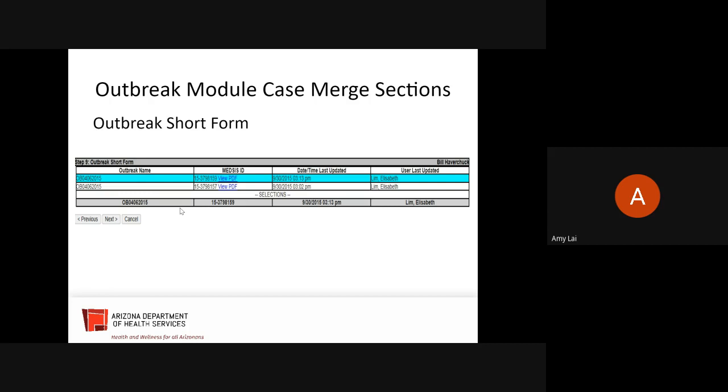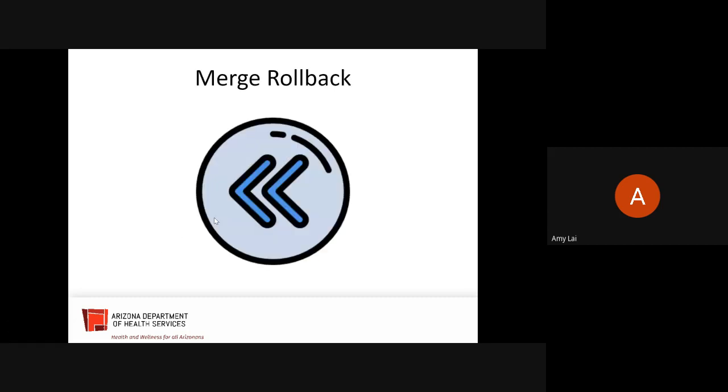And whichever short form that was not selected will be attached automatically as a PDF in the attachment section for that merge case. Yeah, so those are the things that you need to know when you merge a person record or a case.